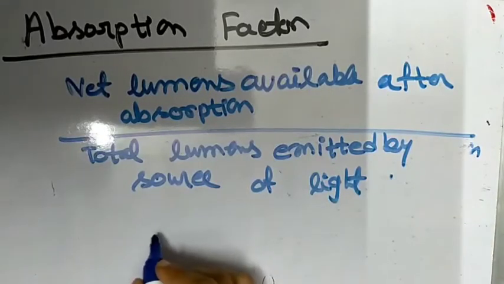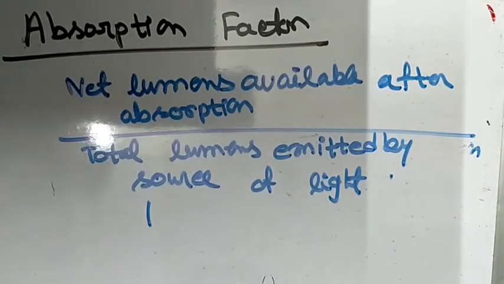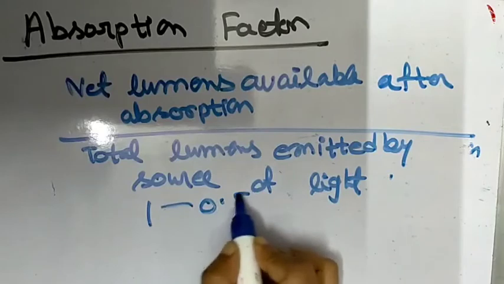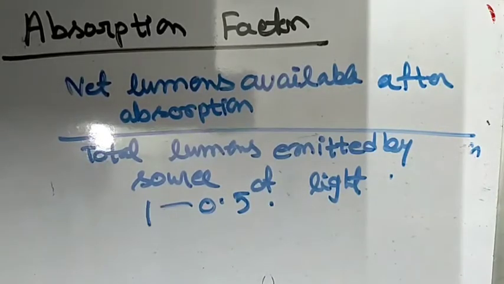Absorption factor varies from 1 for clean atmosphere to 0.5 for casting floors of steelworks and foundries.